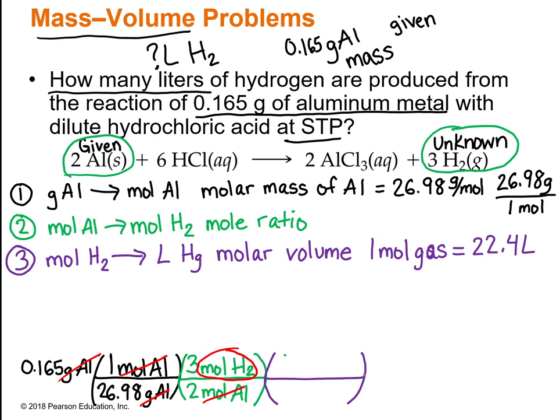We need to get rid of moles of hydrogen gas so that we're left with liters. The liters will go on the top, and the moles of gas will go on the bottom.